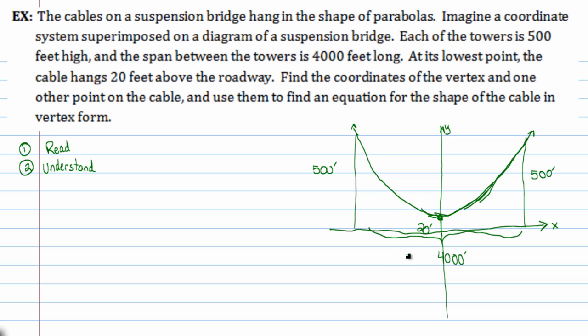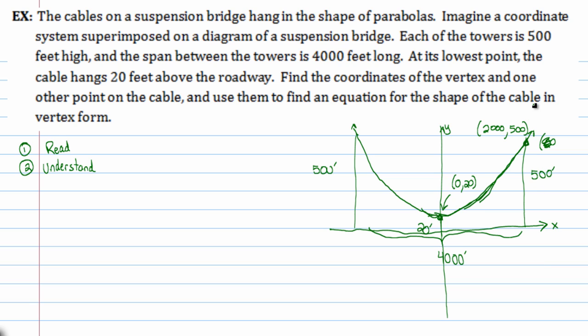I like that it's symmetric. So the vertex here is at x equals 0, y equals 20. And this point right here, the x value is not going to be 4,000, it's half of that. We've only gone half of that 4,000 over, so it's at 2,000, and the height is going to be 500.